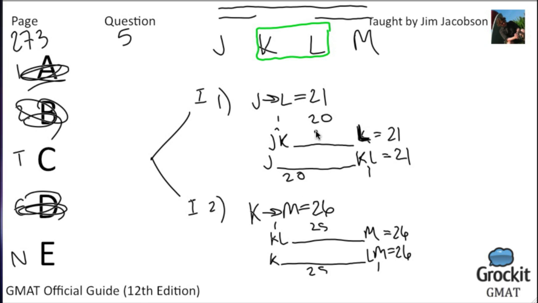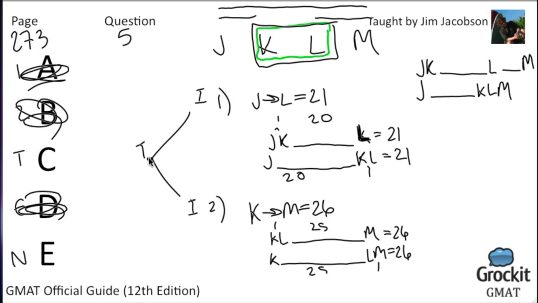So it could be J, K, long distance, L, and then a long distance to M, or it could be J, long distance, K, L, M. It could be anything. Without something to narrow it down and give us just K to L, these two statements together are still insufficient. We cross off answer choice C, and it is answer choice E for neither. You can say it either way.